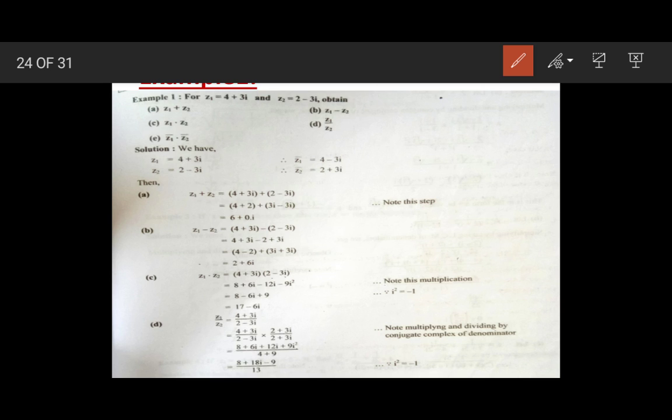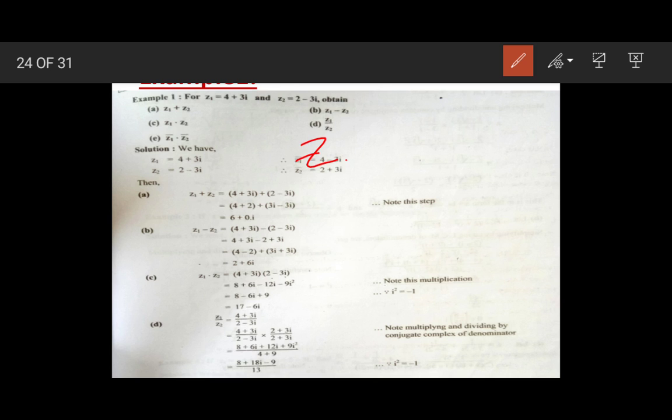Now third is the multiplication of two complex numbers, meaning z1 into z2. For that we take 4 and multiply with the whole bracket. So 4 into 2 is 8, then 4 into minus 3i is minus 12i. Just wait, I am writing here so it can be easily visible.